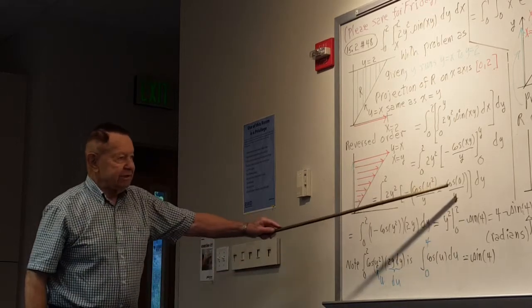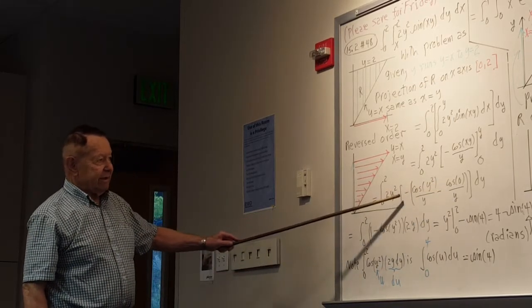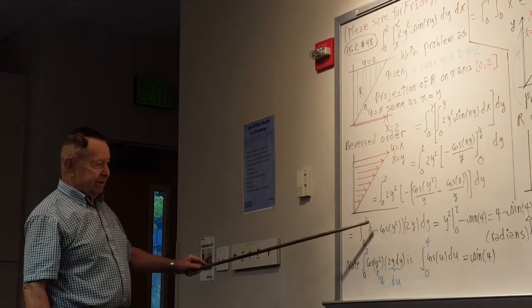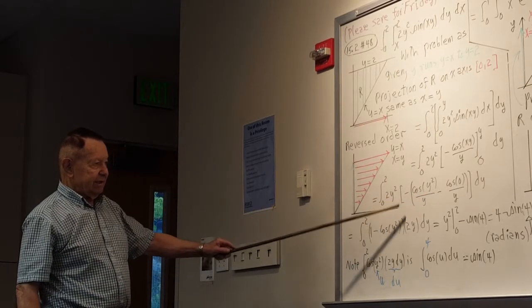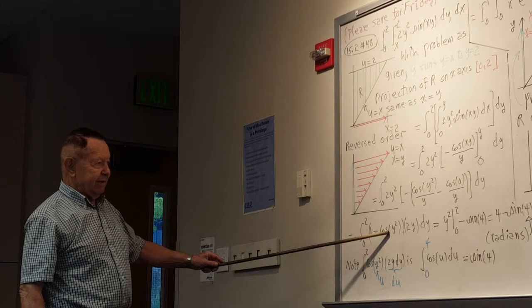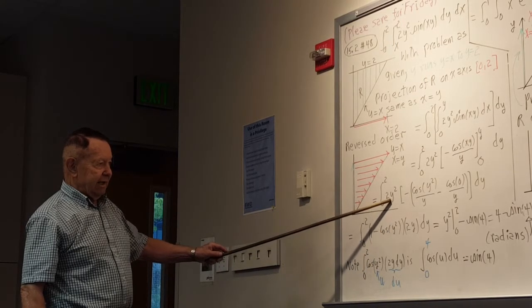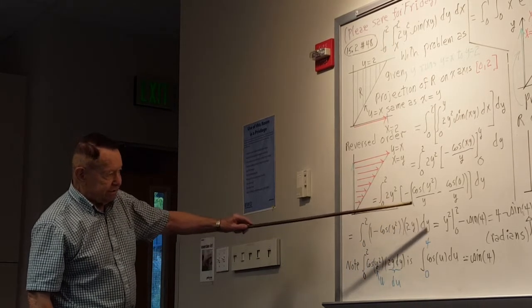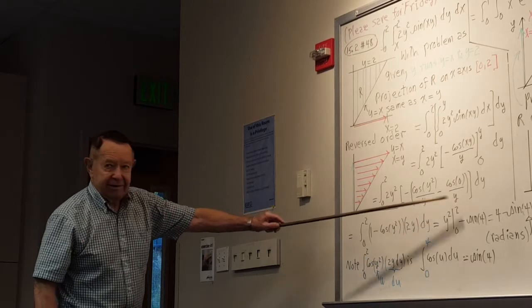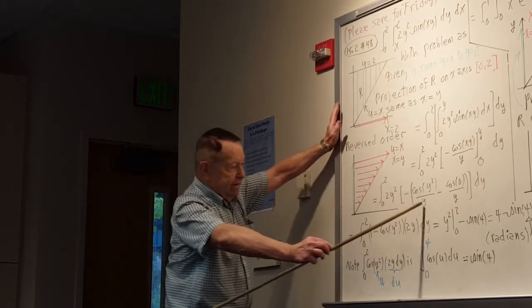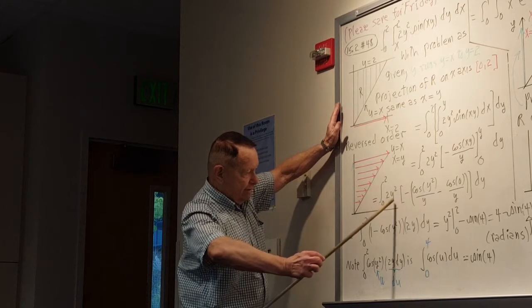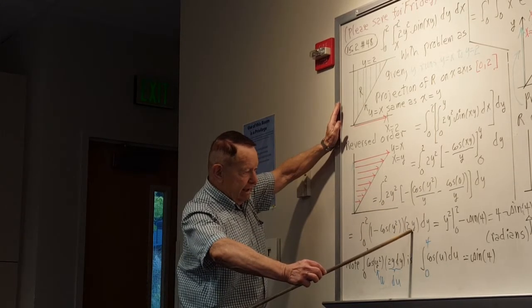And of course that's a 1, and there are two minuses here, so it becomes 1 minus cosine y squared, and then you have 2y, because you see you're dividing by a y here. So when you divide by this y into there, you get 2y.